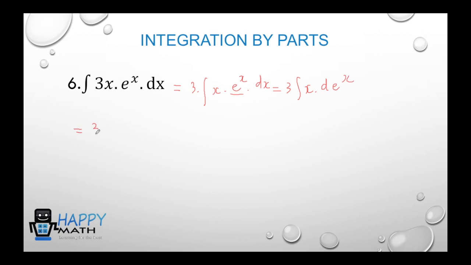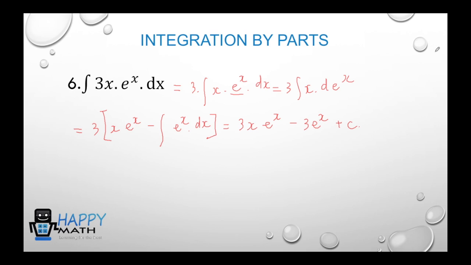And after that, you will get e power to 3x minus the integration of e power to x times dx, and 3x times e power to x minus 3 e power to x plus c. Okay, don't stop because practicing is the king.